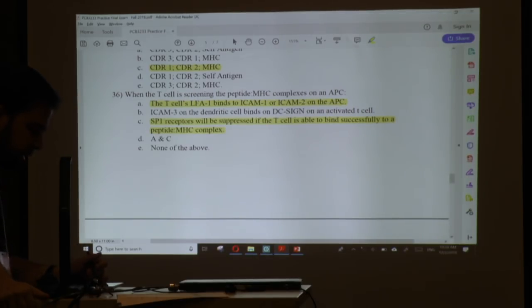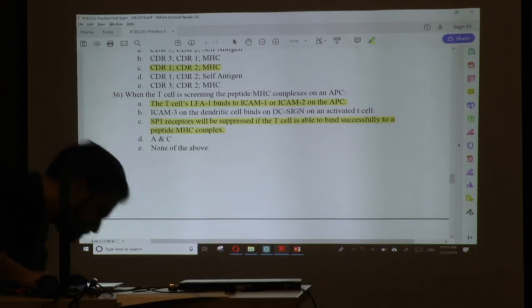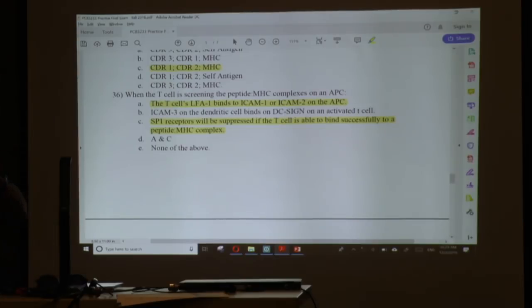And then C is true because S1P. What did S1P receptor do? Or what did S1P do for T cells? Does anybody remember? So what did CCL19 and 21 do for T cells coming into the HEV? Does anybody remember?